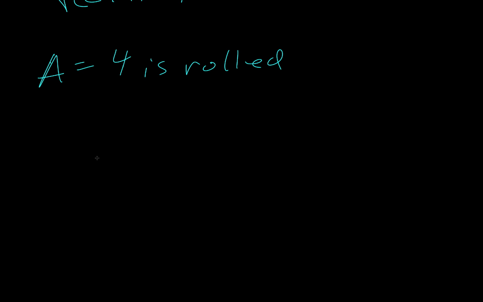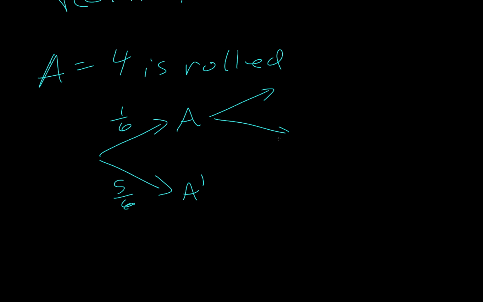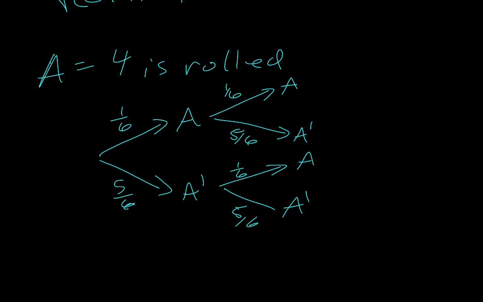If we create a tree diagram, we have a 1 in 6 chance of that happening, and a 5 in 6 chance of event A not happening. When we roll the second dice, it's the same thing: 1 in 6 chance of it happening, 5/6 not happening.